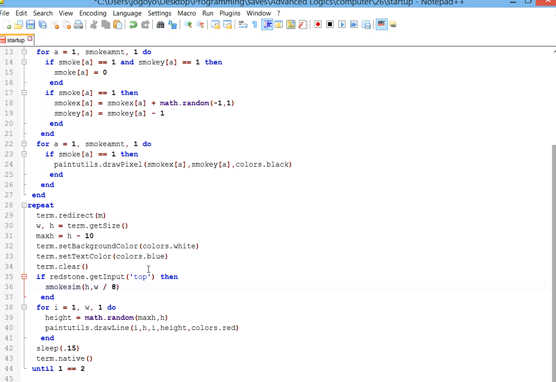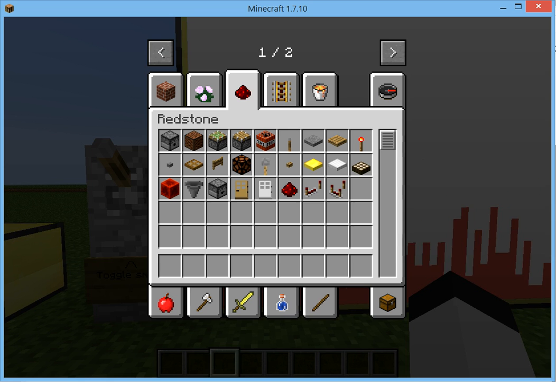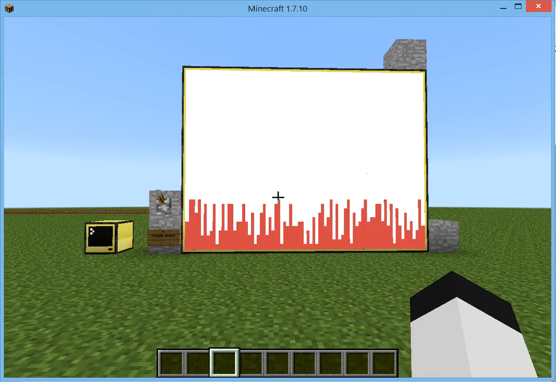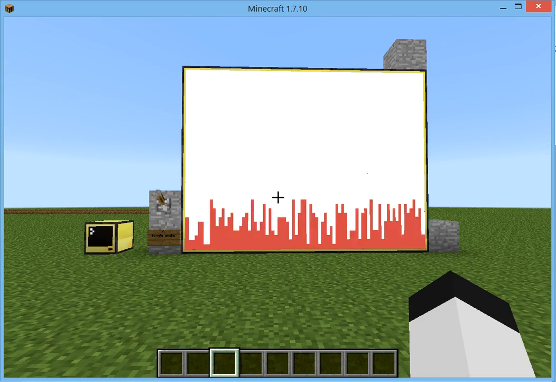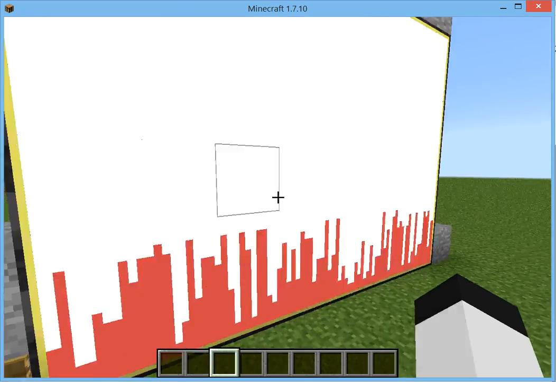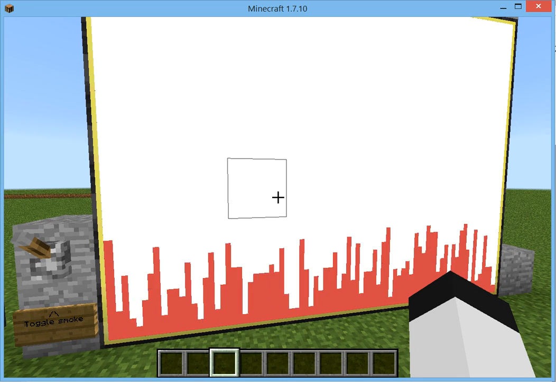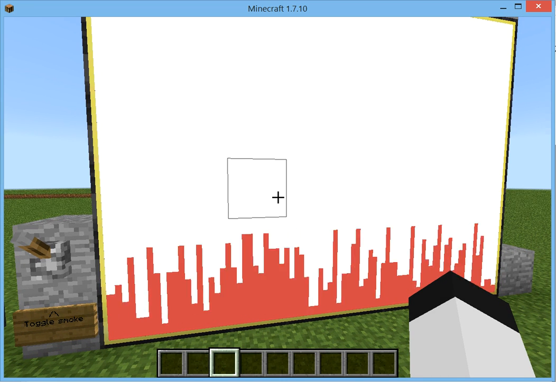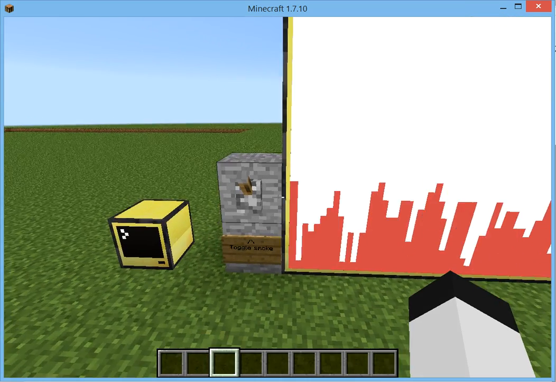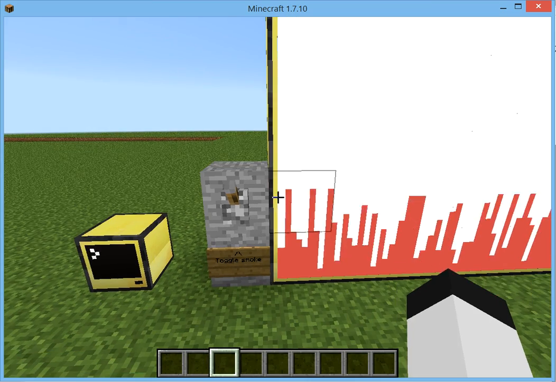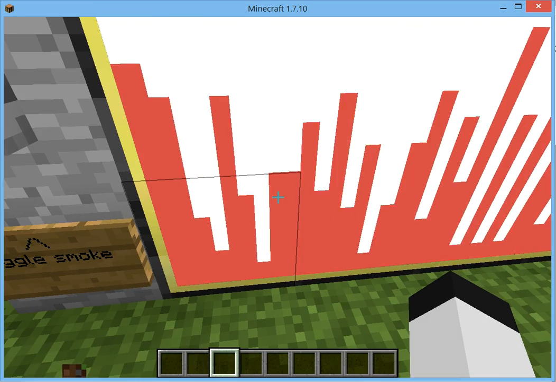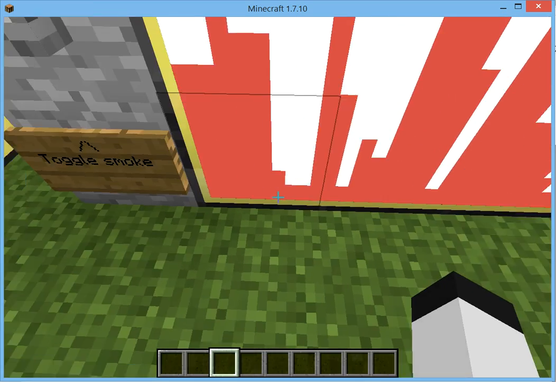So the way I have that set up is to keep the same density of smoke particles no matter what the width of the screen is. I just have it relative to the width of the screen. And the reason why it's divided by 8 is because divided by 2 and divided by 4 are way too crowded. When it generates a smoke particle, it sets the Y value to whatever you put in that first slot, so it would be H, which is down there.